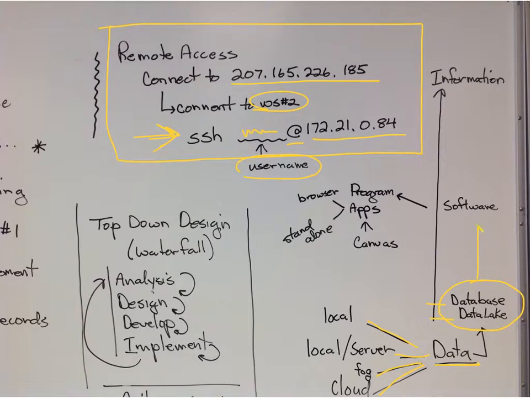Then we have software that takes the data and makes information out of it. It could be a program, it could be an app. The app could stand alone on your phone, the app could run in a browser, or we can have something like Canvas. Canvas can be an app, or Canvas can run in a browser.